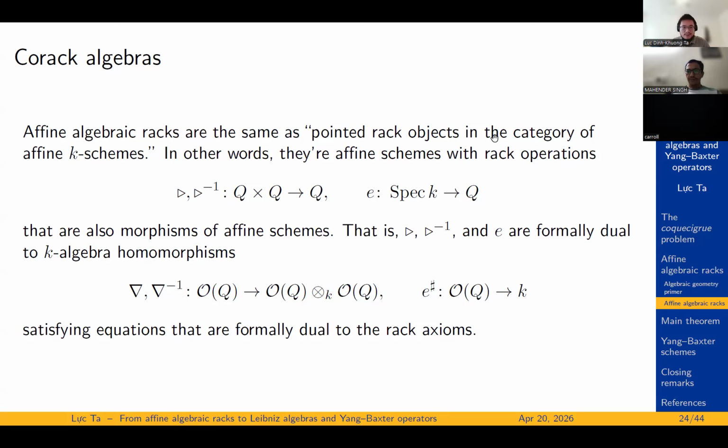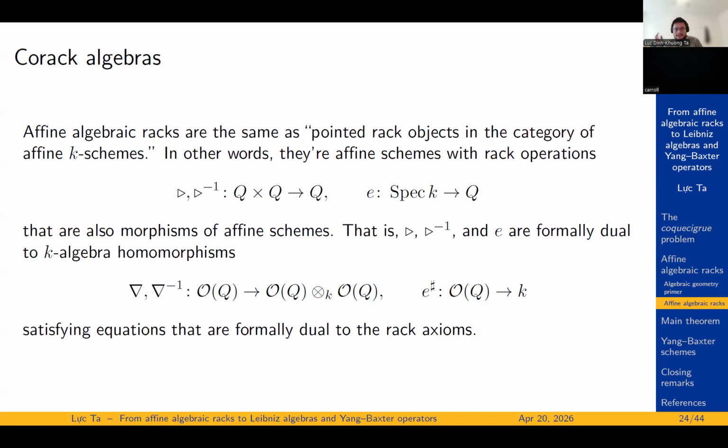So I'm going to call the duals of triangle and triangle inverse nabla and nabla inverse. It's kind of inspired by the fact that for a Hopf algebra, you use capital delta. And then the unit turns into E sharp. So you can write down the equations that are formally dual to the rack axioms, and then this gives you another equivalent definition of an affine algebraic rack.